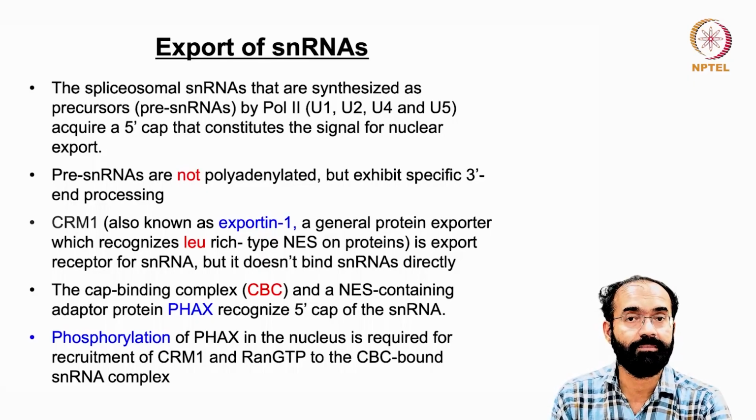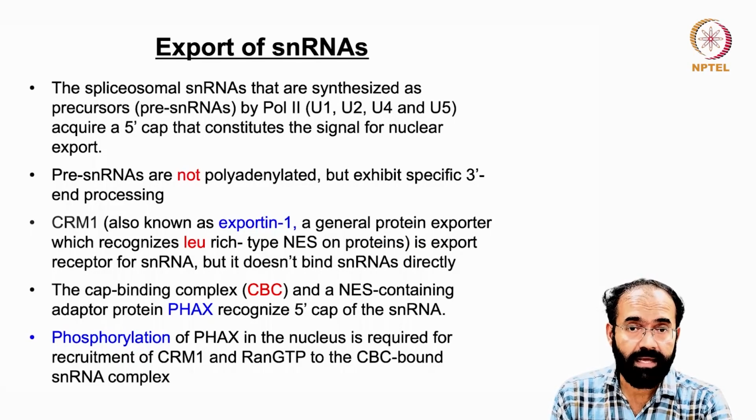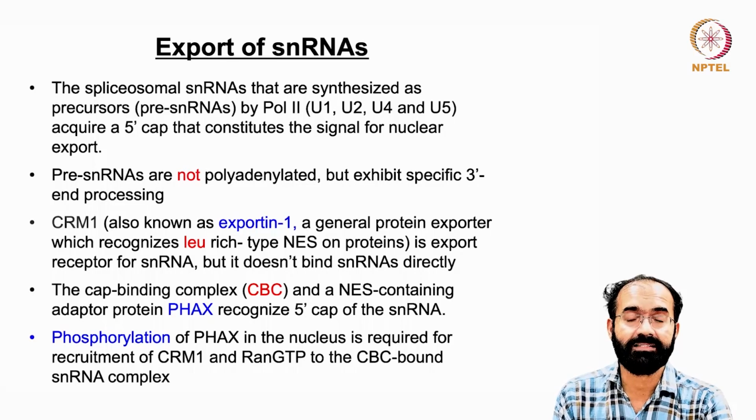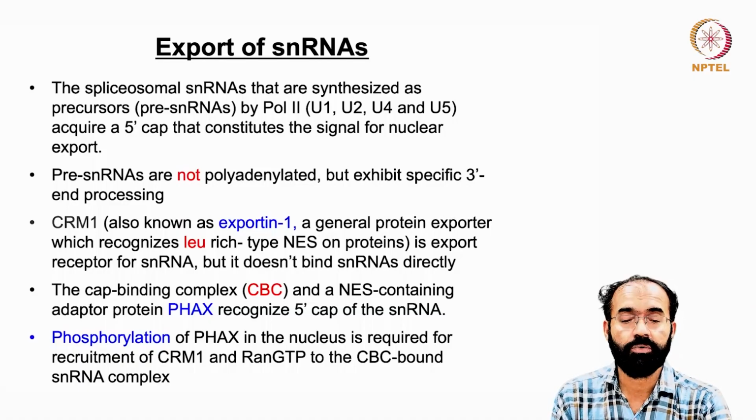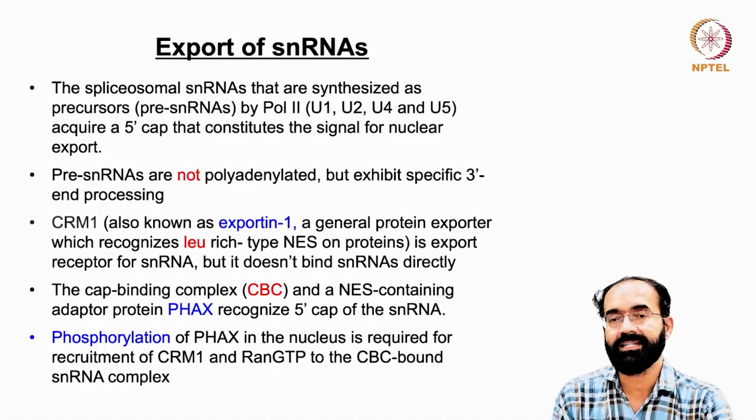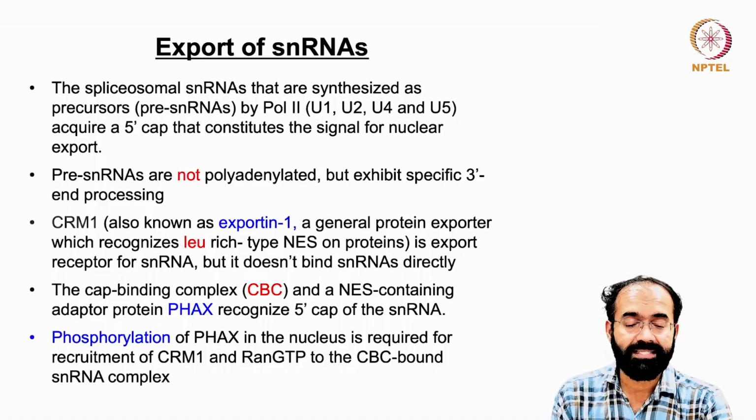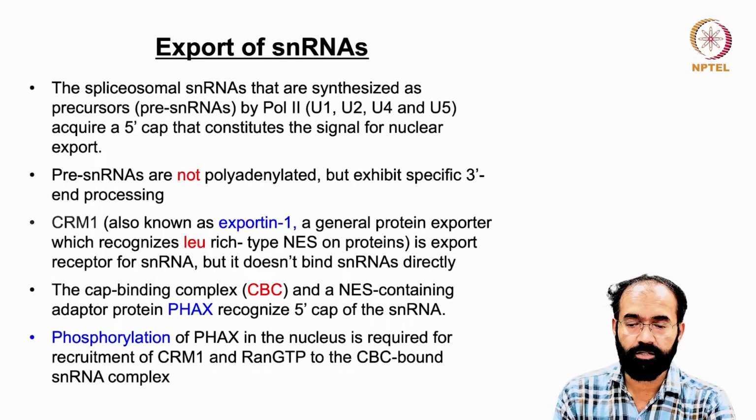We saw CRM1 is similar to exportin, this carrier family protein, and exportin 1 is the other name. So the phosphorylation of PHAX is helpful for the recruitment of CRM1 and the RAN-GTPase. We know the RAN-GTPase cycle by now, and to the CBC bound snRNA complex. So the snRNA, when it is bound with the CBC, can be pushed into the cytoplasm.